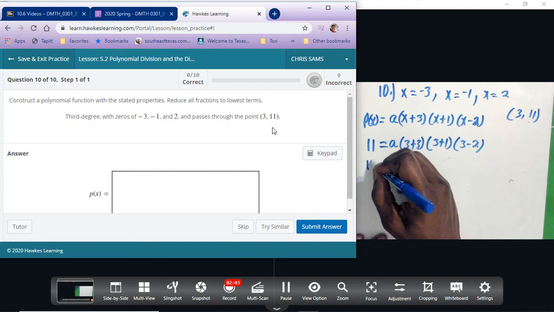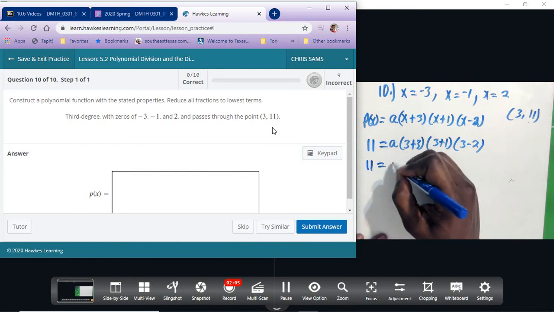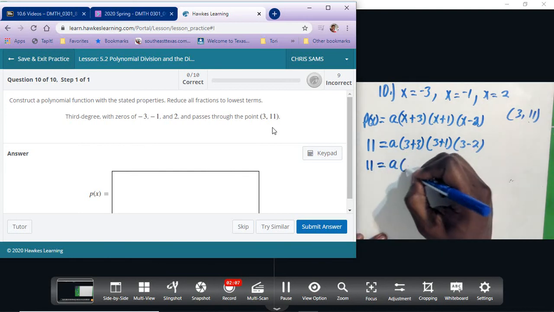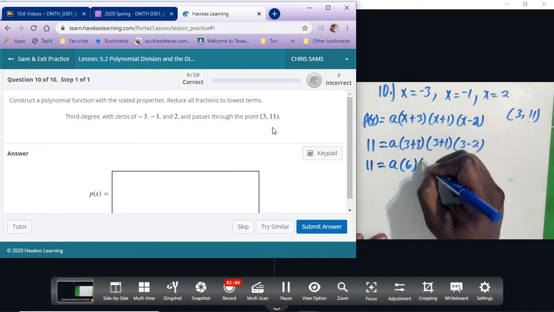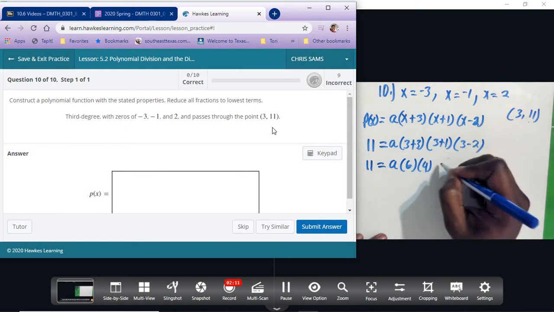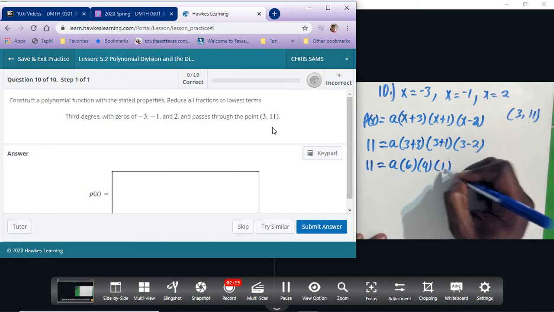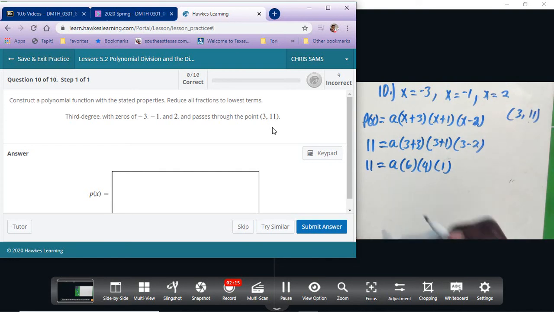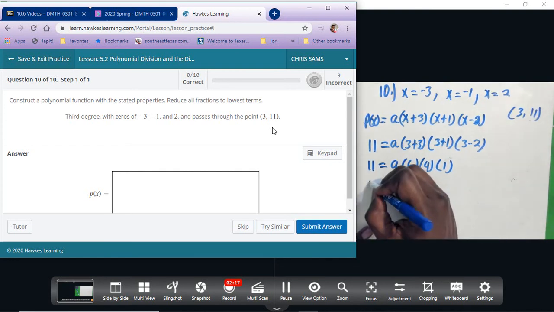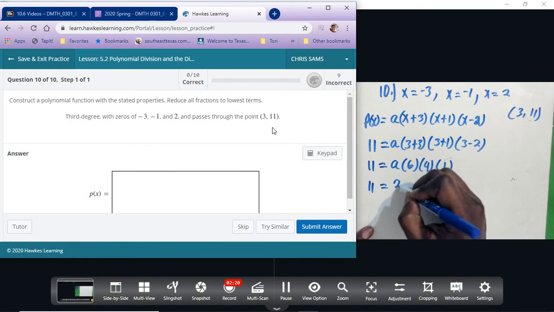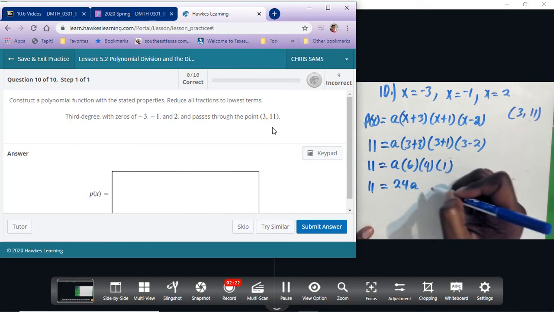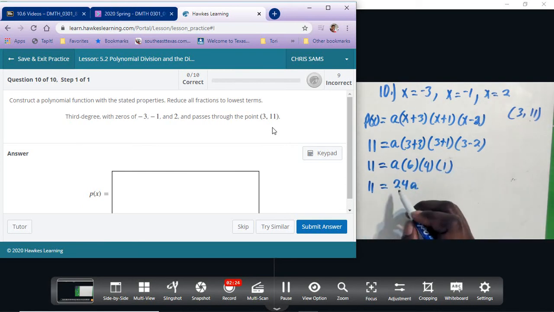So we have 11 equals a times 6 times 4 times 1. So this gives me 24a. So I have 11 equals 24a, and then solve for a by dividing by 24. And so we get 11 divided by 24 equals a.